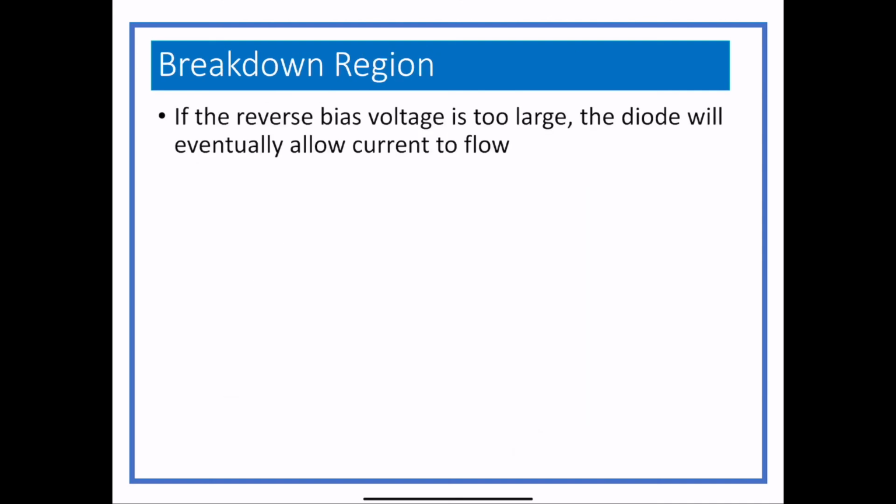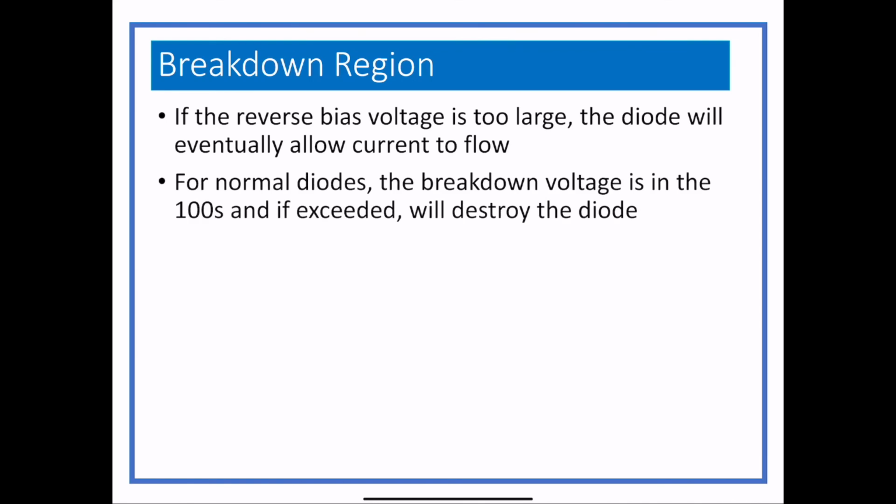So in the reverse direction, there are 2 mechanisms that actually make current flow. One of them is just the breakdown voltage, and that is a bad thing.